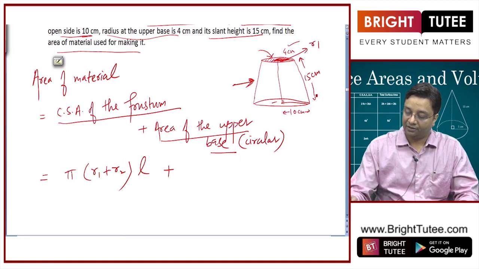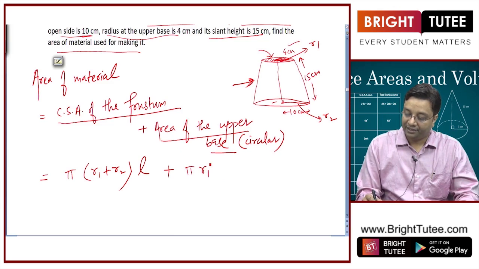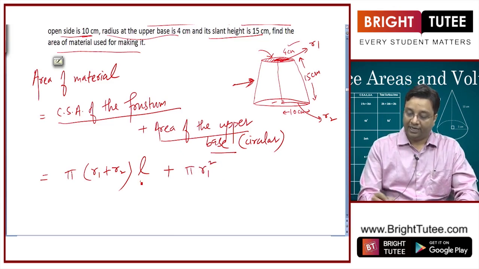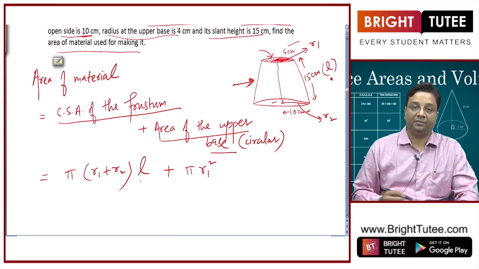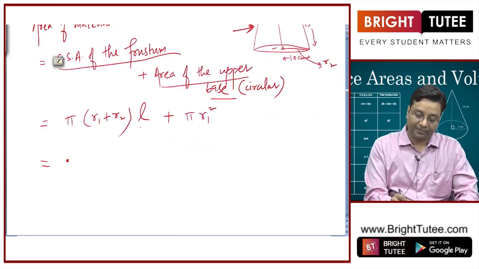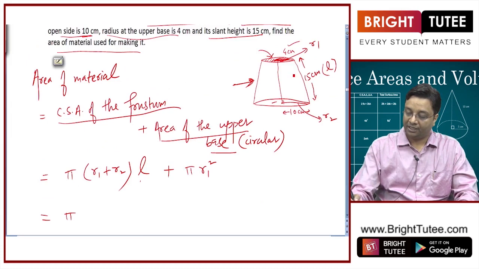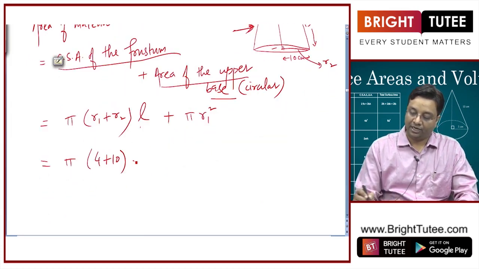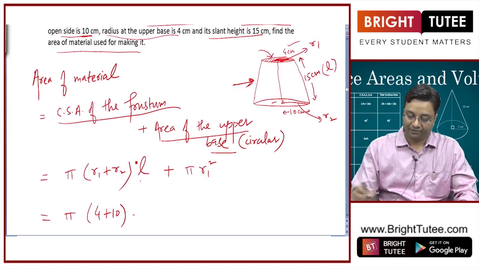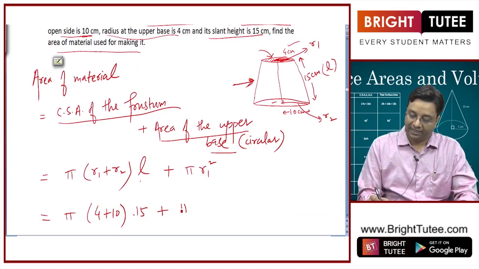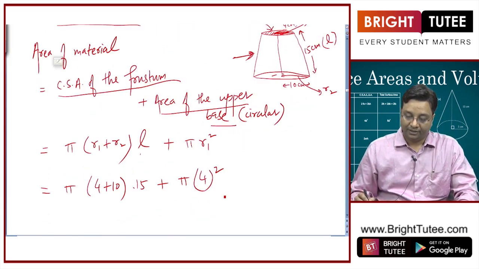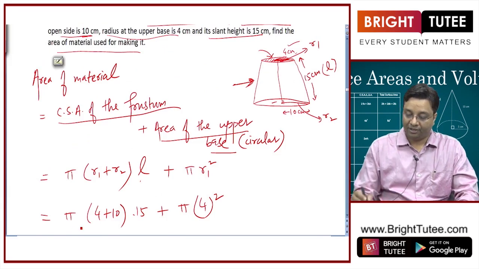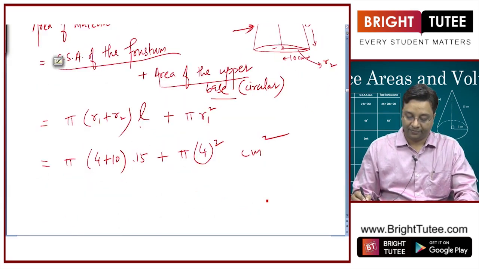Let us say this was r1, this was r2. So what will be the area of upper base? It will be pi radius square. L is the slant height which is 15 centimeter here. So just replace these, pi (r1 plus r2), so 4 plus 10, into slant height which is 15, plus pi r1 square which is 4 square. So this will be the area of material in centimeter square.